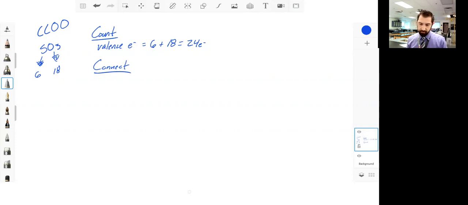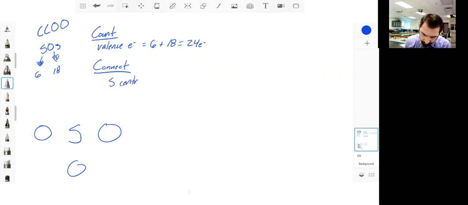So it makes the most sense to put sulfur in the middle, and then the 3 other oxygen around it, and try to make it as symmetrical as possible. And remember, we need to connect. So we know sulfur is central, but I need to actually connect those. As I'm showing you right now, that's not a molecule. So I need at least a single covalent bond to hold this all together.